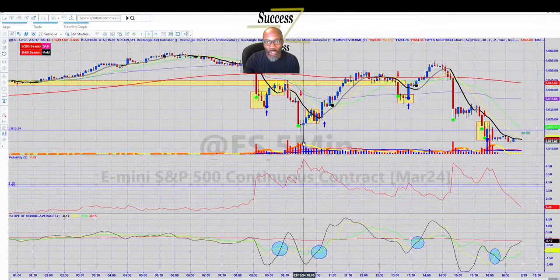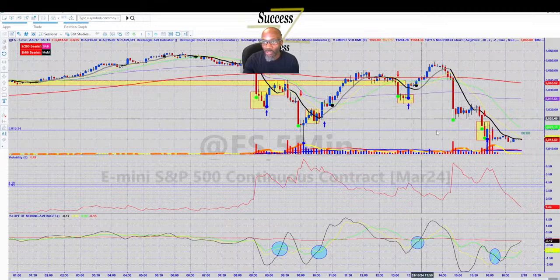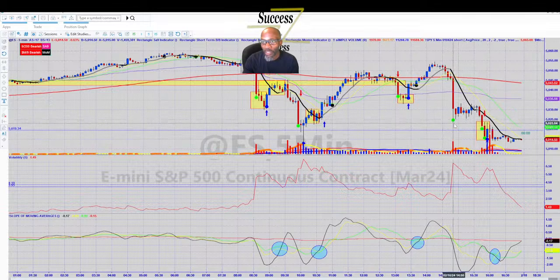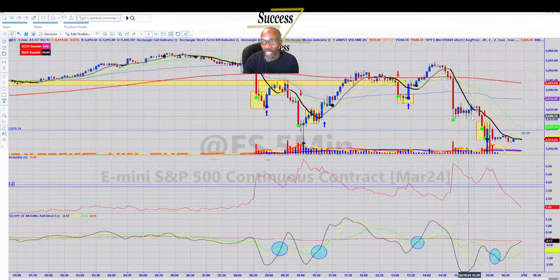Okay, so this is our signal bar and there's our entry bar. But technically, I was looking for this to be the signal bar and this to be the entry bar. This is the signal bar, and this would be the entry bar. I wonder if when we got this, did the count start all over?